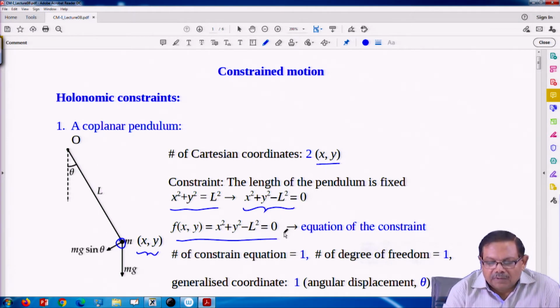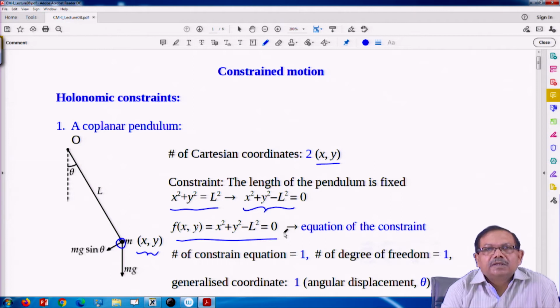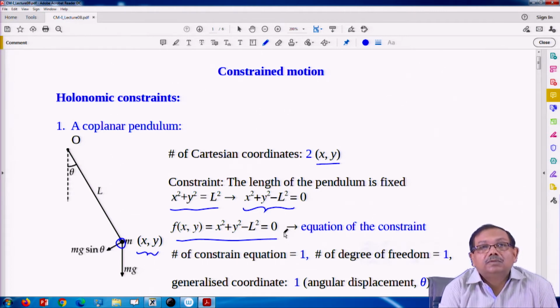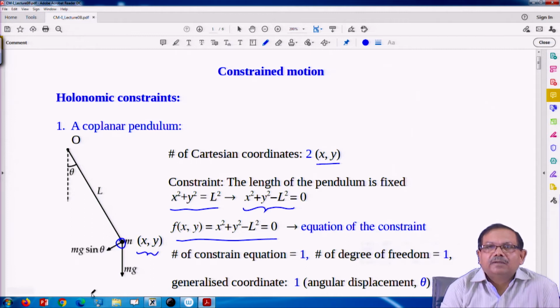Whenever there is some constraint, the number of degrees of freedom goes down. So, in Cartesian coordinates, if I had a free particle which can move, not attached to any rod, etc., a particle free to move in a plane, not a free particle. We have used the word free particle for a particle where net force is 0.